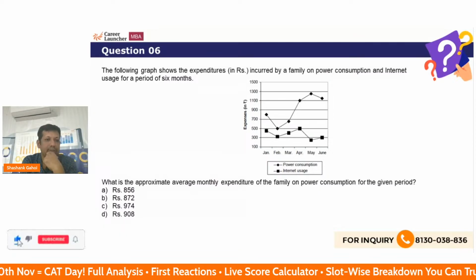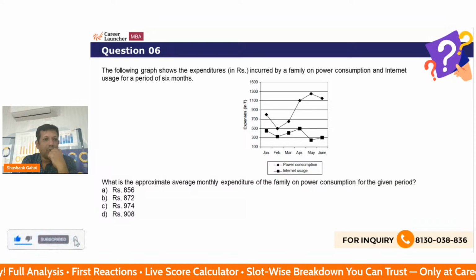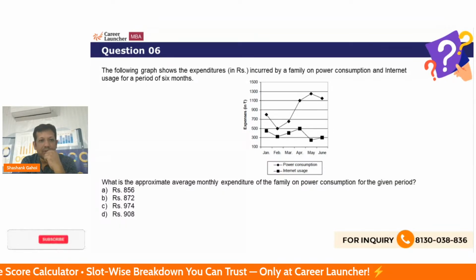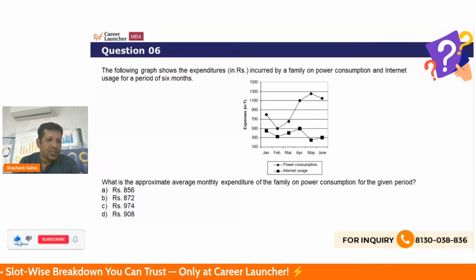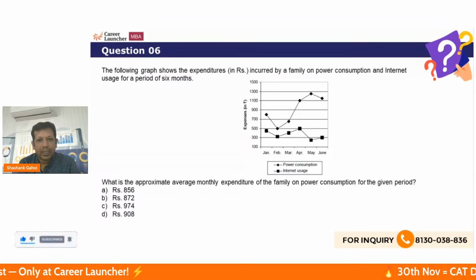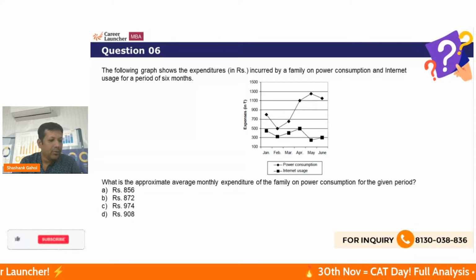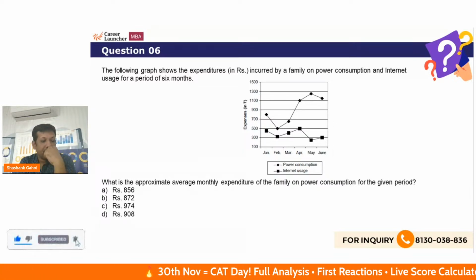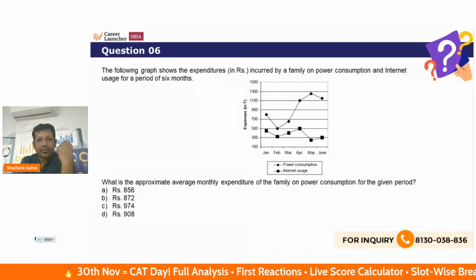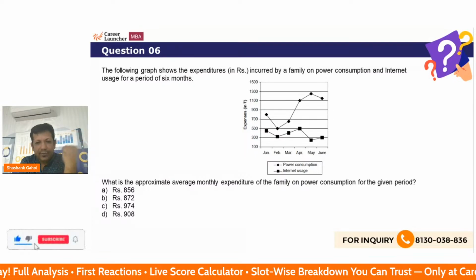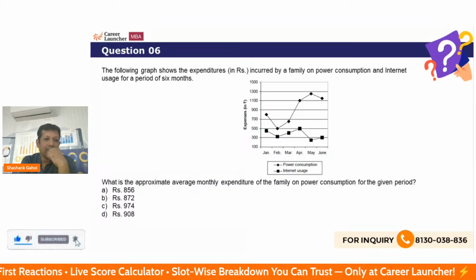Now the question is saying, the following graph shows the expenditure incurred by a family on power consumption and internet usage for the past 6 months. Now I need to calculate the average.